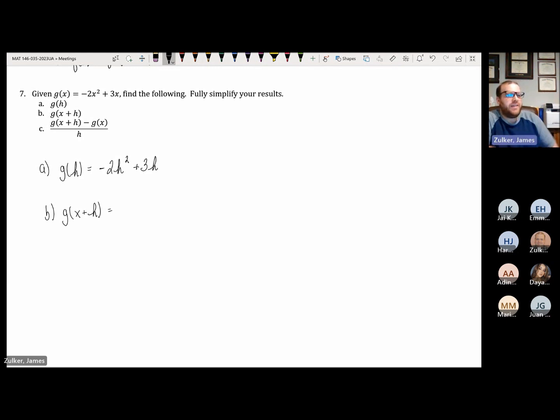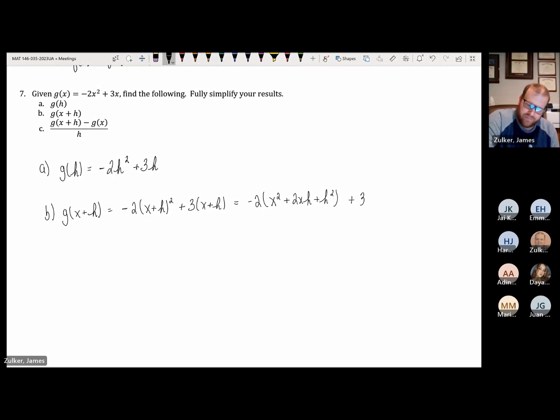Right? What about g of x plus h? Everywhere there is an x, replace it with x plus h. Expand out x plus h squared. I'll go ahead and distribute the 3 through, right?